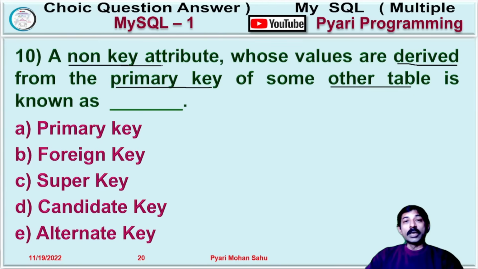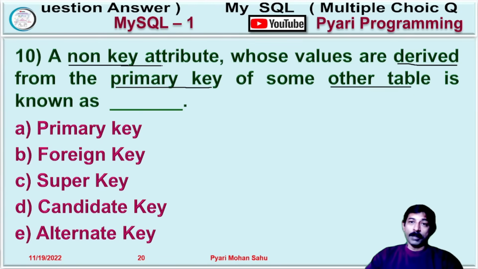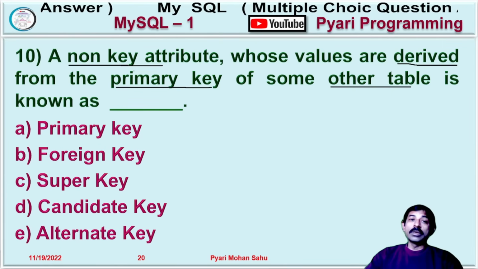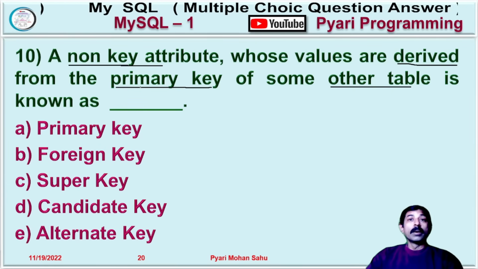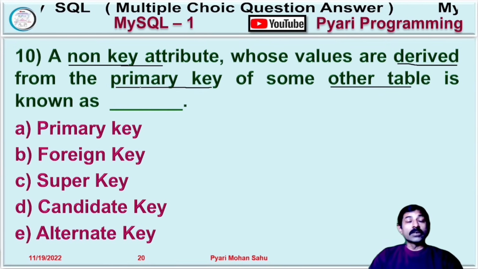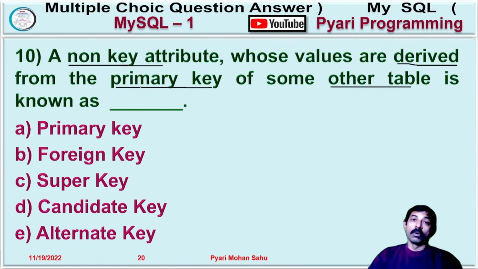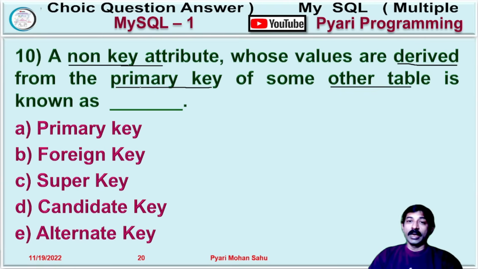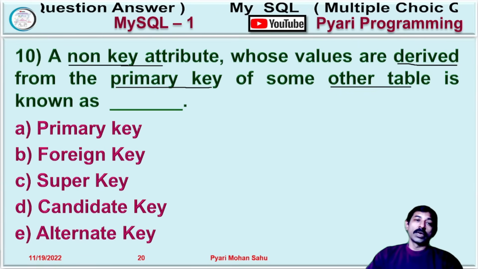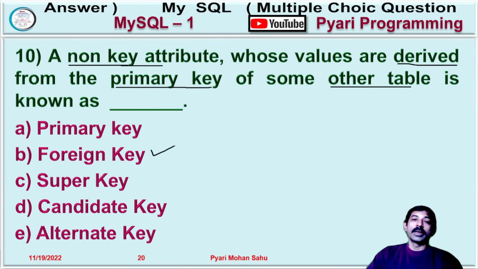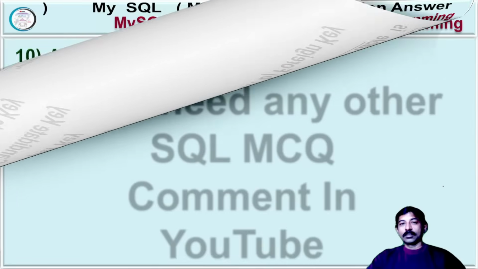That means it is not a primary key in that particular table, but its value is referring to a table where it contains the primary key of some other table. Obviously it is talking about your foreign key. So the answer is your foreign key.